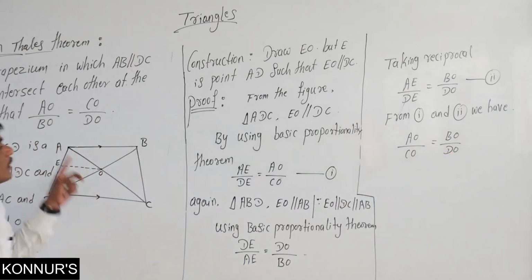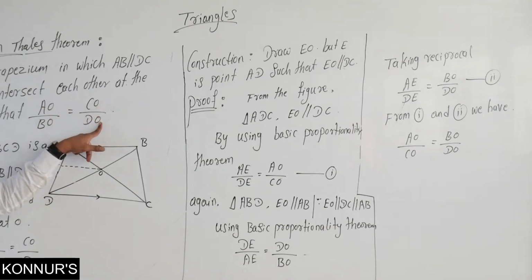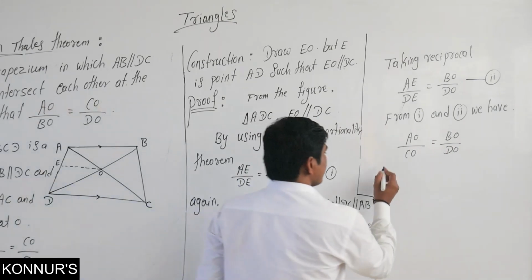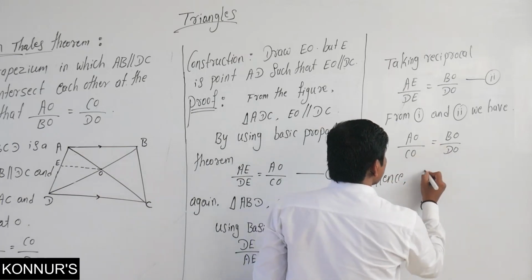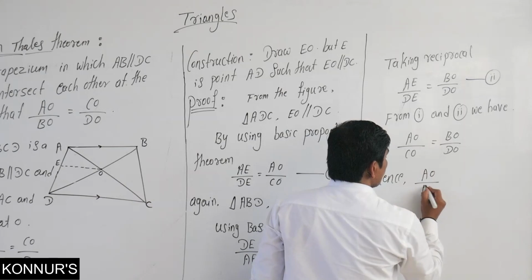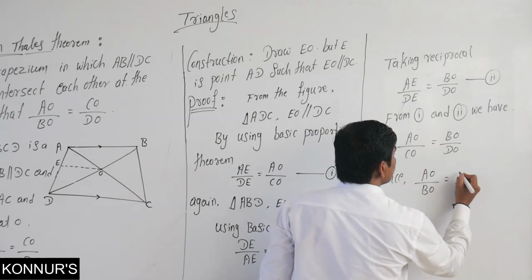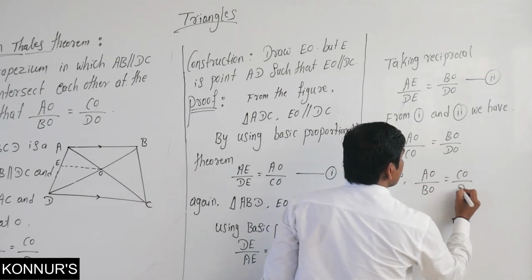But the result we need is AO by BO is equal to CO by DO. Hence, cross multiplying, AO by BO is equal to CO by DO.